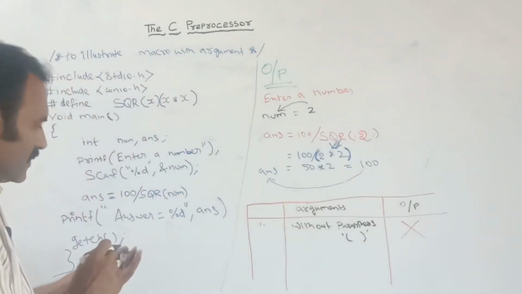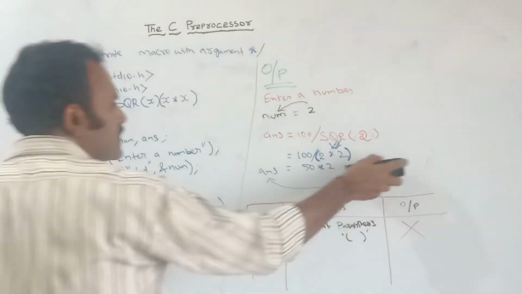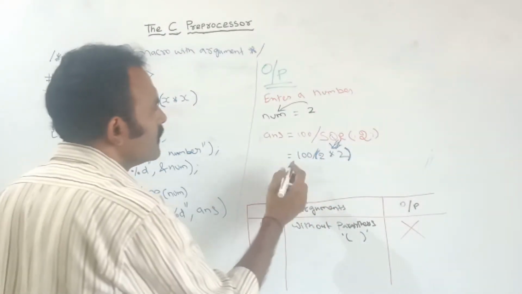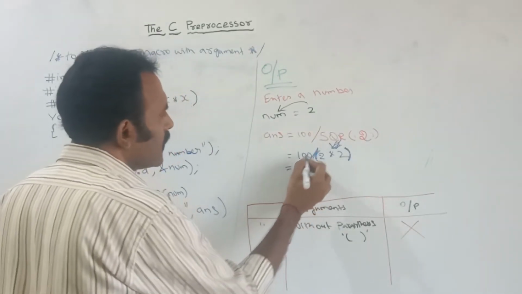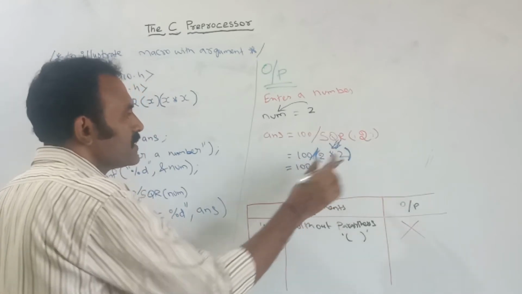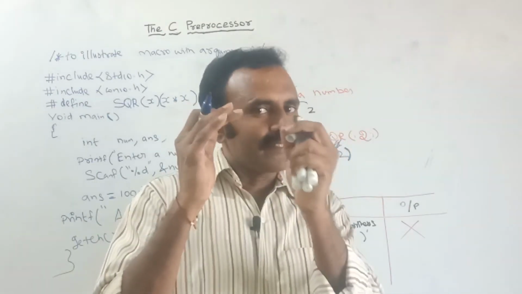Now in this step, 100 is separate, it will not divide, because within the parenthesis that value will be calculated separately.